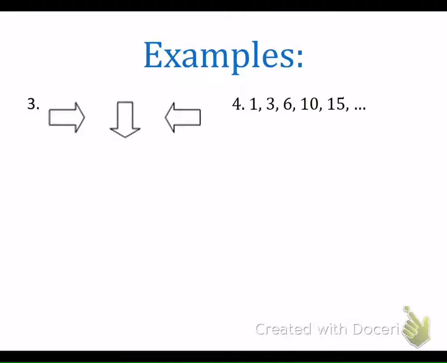All right, number 3, the arrow is going to the right, the arrow is going to the bottom, the arrow is going to the left. Can you describe what's happening? Left, down. So yeah, I know what you're trying to say, but here's a bit more of the math terminology. The way the arrow points rotates 90 degrees clockwise each time.